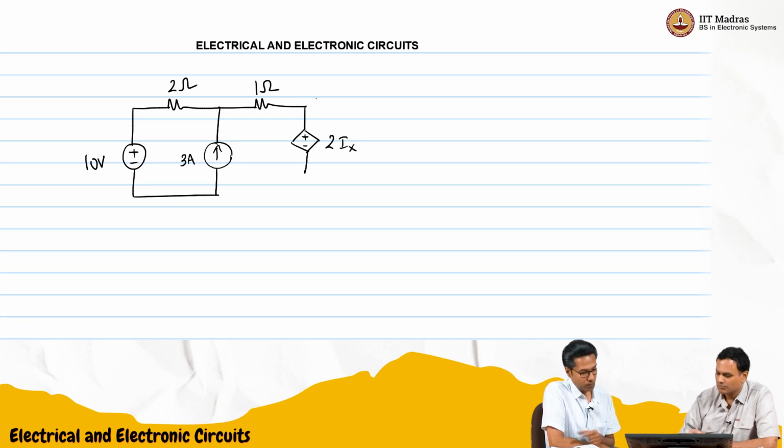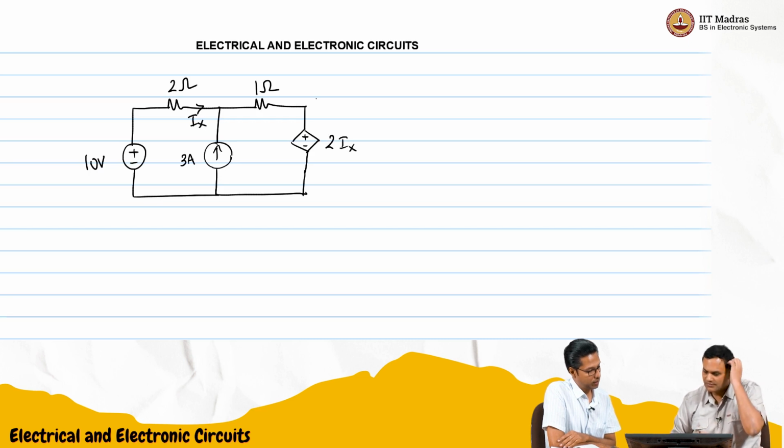Ix is the current going through the 2 ohm resistor, from left to right. Actually, the question is to find out Ix, using superposition.